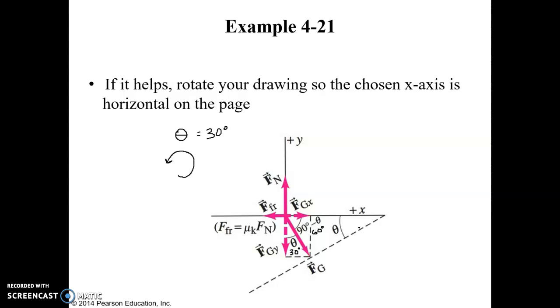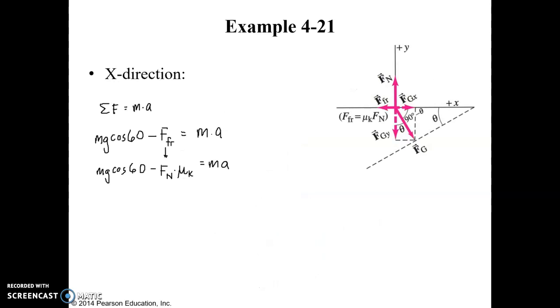I talked about how I like to rotate the free body diagram so that the surface of the inclined slope is actually horizontal, and that makes the normal force vertical. And so we set that up and began applying Newton's second law of motion in the x direction. And that got us this far, but that's about as far as we could go.